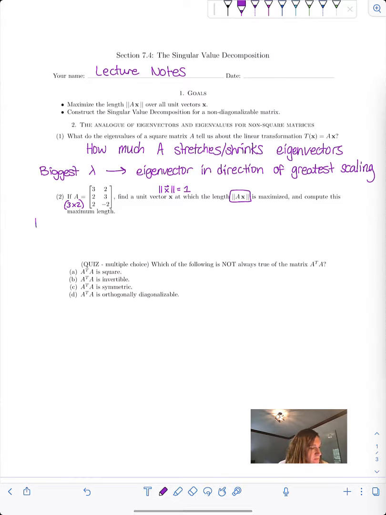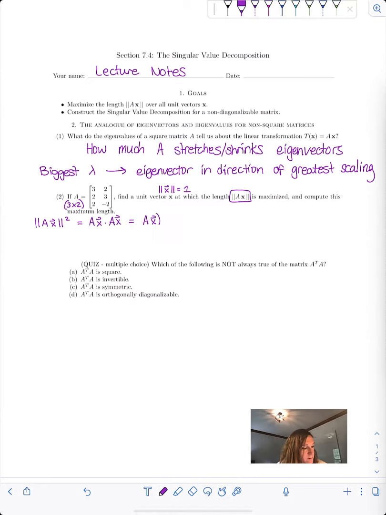Let's note something interesting about that length. We'll square it just to have something slightly easier to work with. Remember, the length is the square root of the dot product of a vector with itself. So the square of the length is the dot product of the vector Ax with itself.